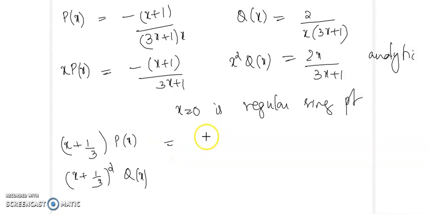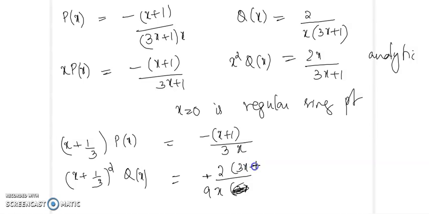The 3x plus 1 will cancel, and we get minus x plus 1 by 3x, and here you will get 2 by x into 9, with a numerator like 3x plus 1.